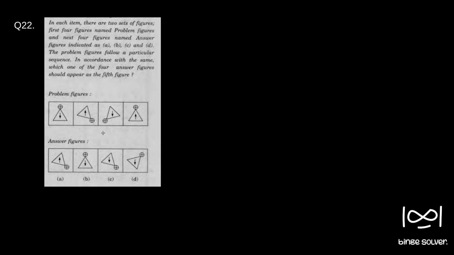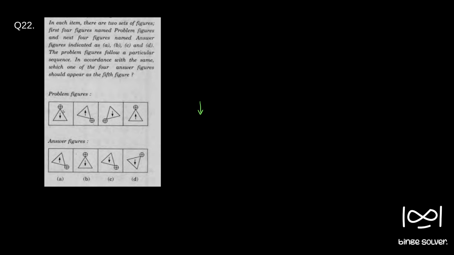If you observe these 4, the arrow is just changing up and down direction. The first one is down, second is up, third is down, fourth is up. So the fifth one should be down. And this part is just taking clockwise positions.